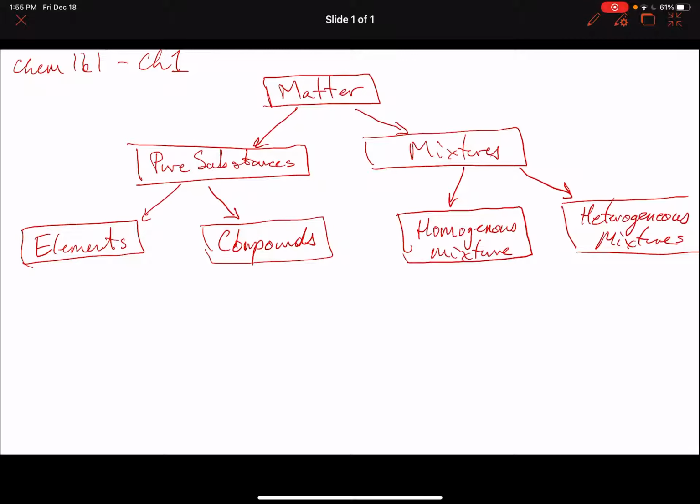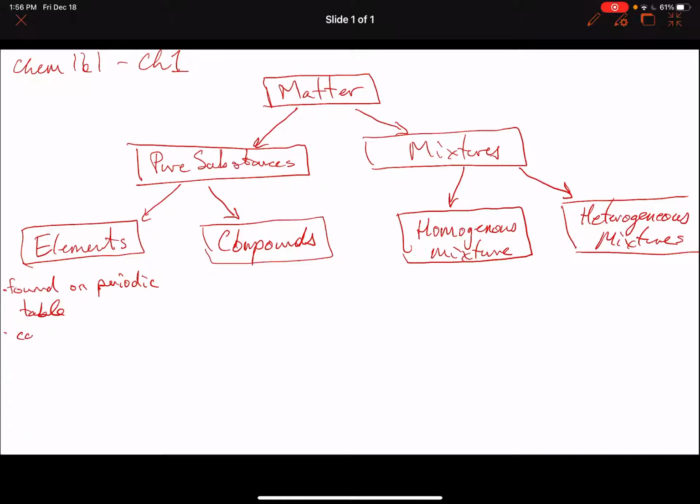So, elements are typically found on the periodic table. And elements are a substance that cannot be separated into simpler substances by a chemical process.